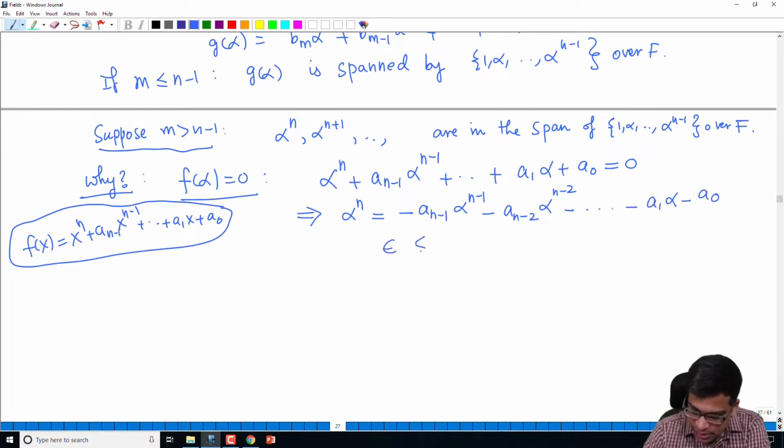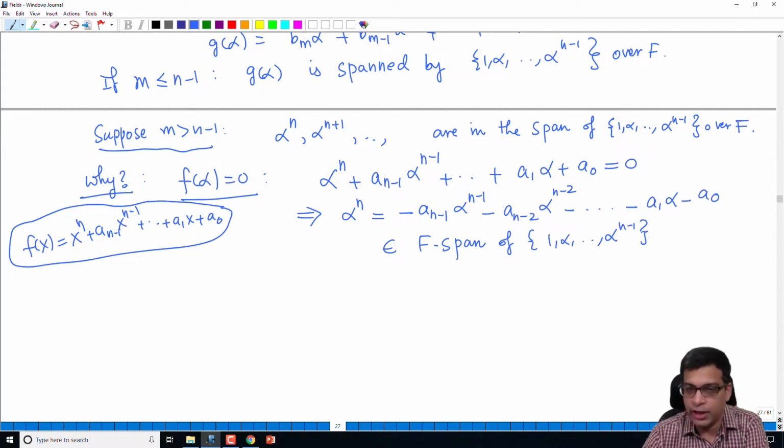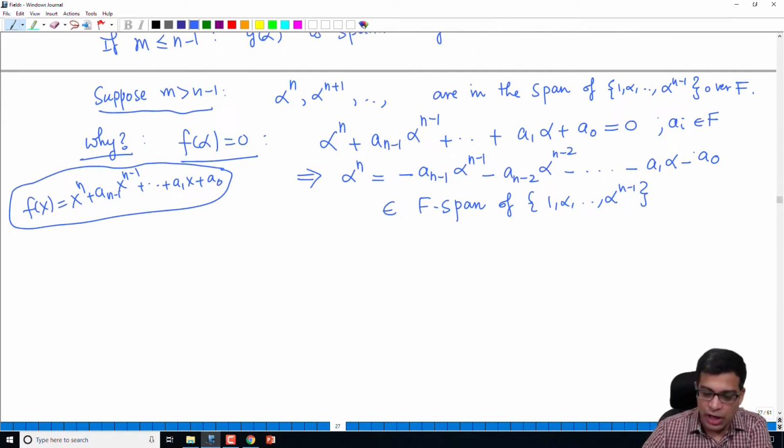But this is obviously in the F-span of the set 1, alpha, ..., alpha^{n-1}, because the only powers of alpha you see here are alpha^{n-1}, alpha^{n-2}, down to alpha^0, and the coefficients are all in F. That is an important point. So alpha^n can be written as a linear combination of 1, ..., alpha^{n-1}.